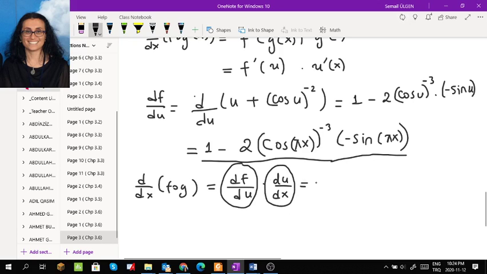So the answer is then pi times 1 minus 2, there are 2 minuses, so plus sine pi x over cosine cubed pi x, and close it.